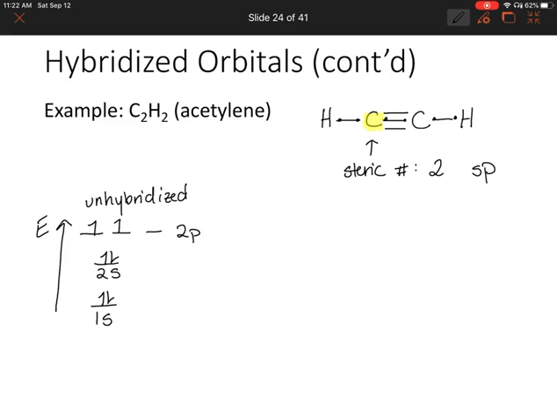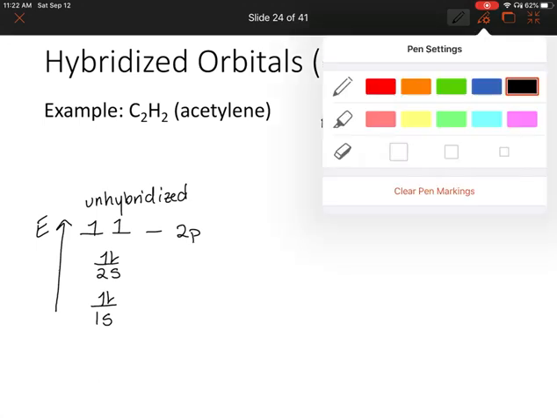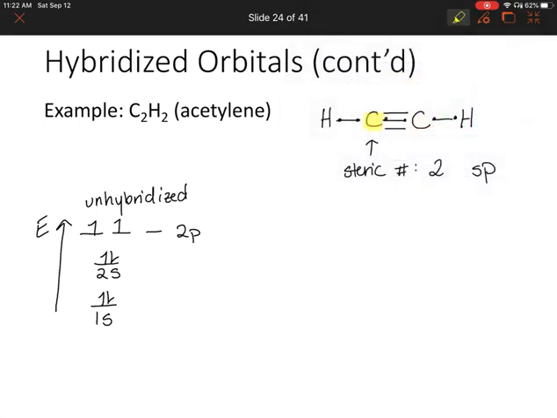Okay, so we've got our unhybridized carbon atomic orbital diagram there. And this time, we're just going to combine this 2s orbital with one of the 2p orbitals.